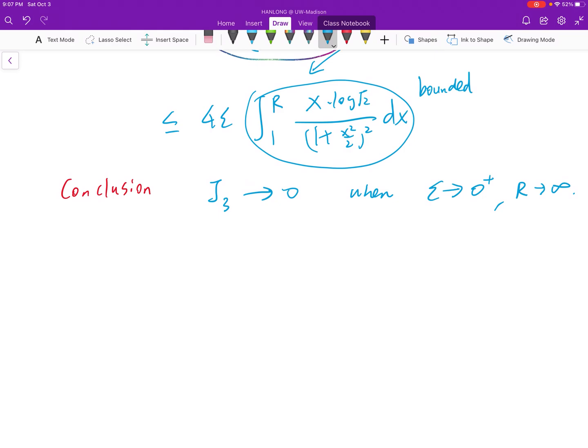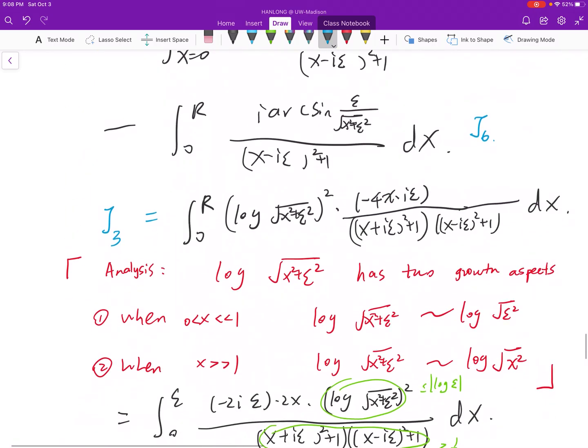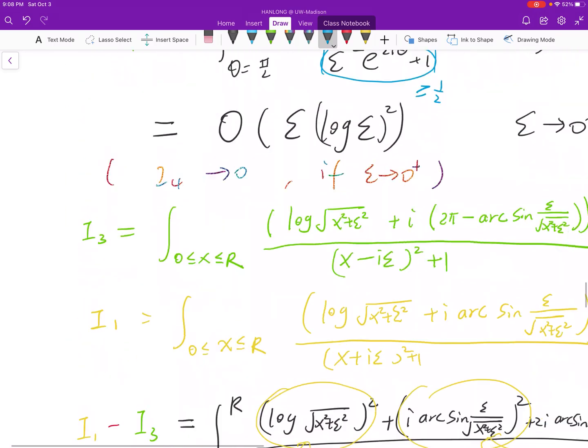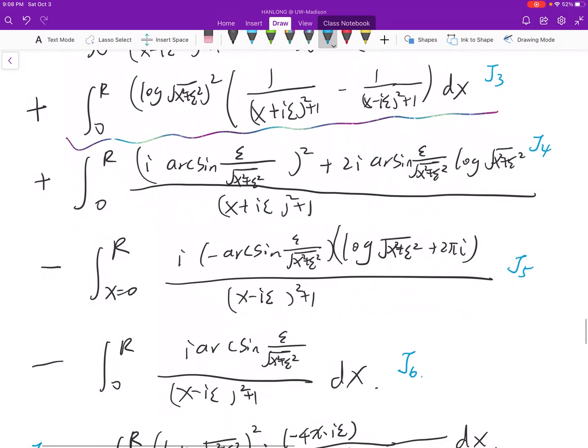Okay, and next we want to estimate J4. So recall what J4 is. J4 is here, so we copy it first.